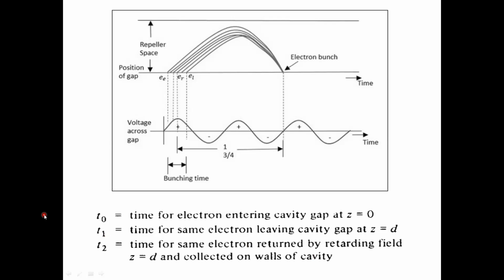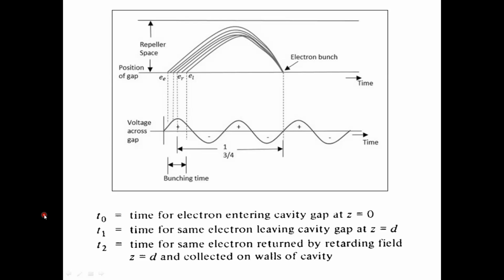Clear? I think everybody is understanding. Without any force, when the electron gun is initially on, the excited electrons automatically try to reach the cavity. That time is T0.